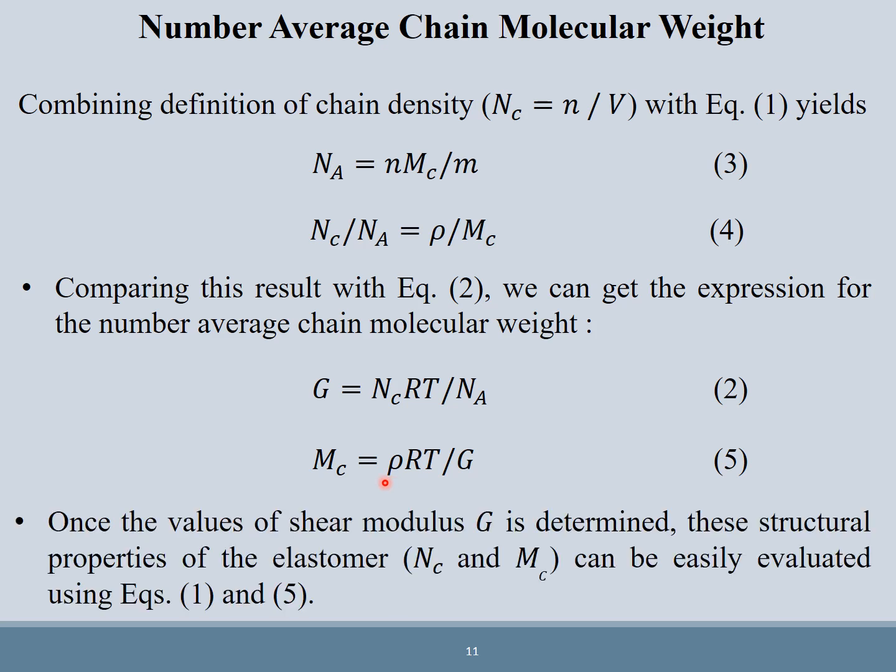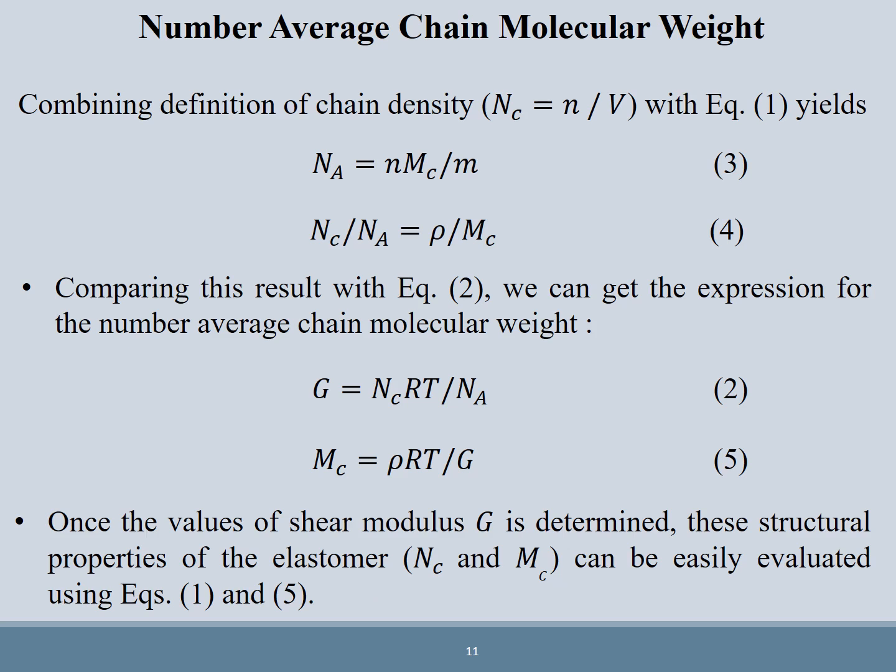Once the value of the shear modulus is determined, these structural properties of elastomers, Nc and Mc, can be easily evaluated using equations 5 and 1, where 1 is G equal to Nc kT.